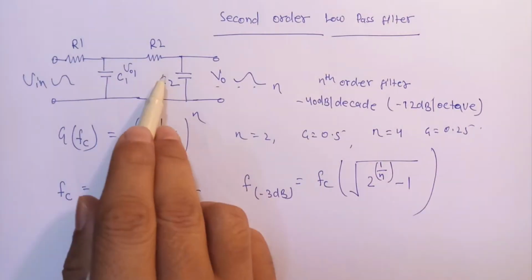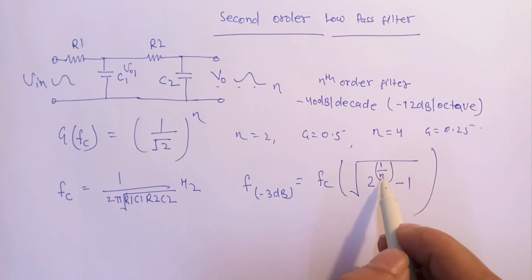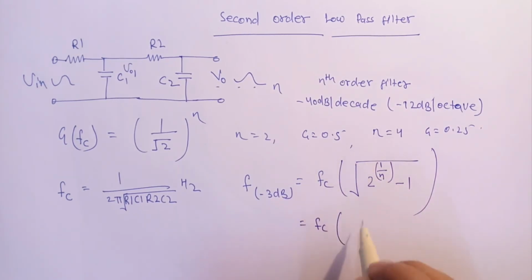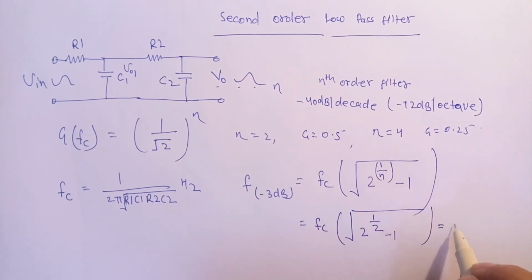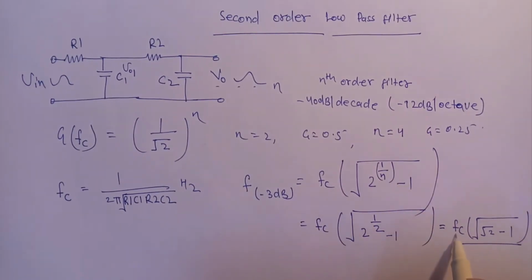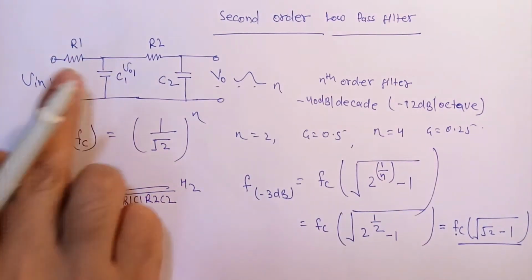If it is a second order filter, then n will be 2, so it will become FC times root of 2 power 1 upon 2 minus 1, where FC is the cutoff frequency of the first order filter.